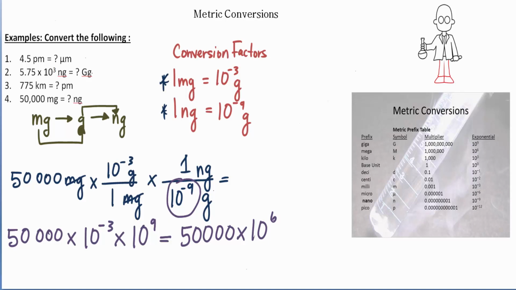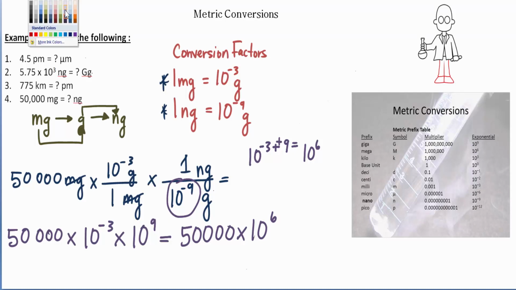And the same thing would happen. You would get this 10 to the 6th if you did 10 to the minus 3 minus a minus 9, which becomes negative 3 plus 9, which gives you 10 to the 6th. Either way you choose to do it, you will arrive at the same answer.